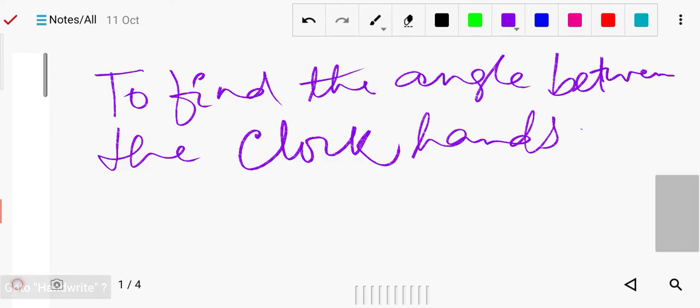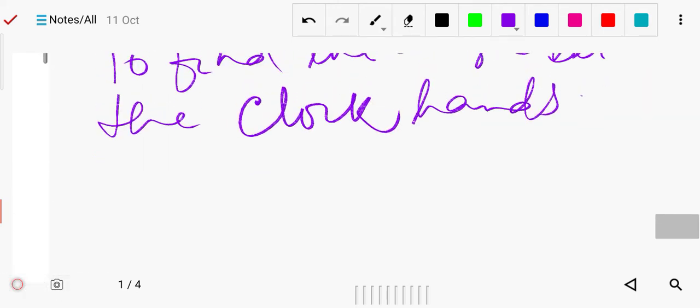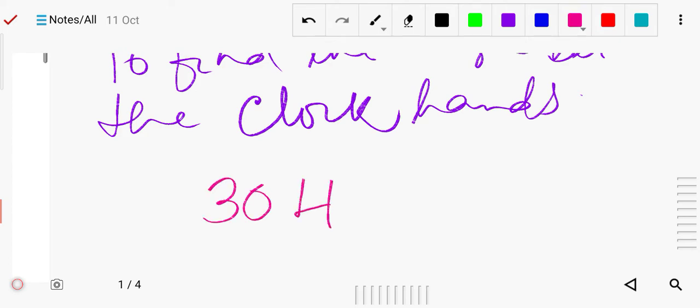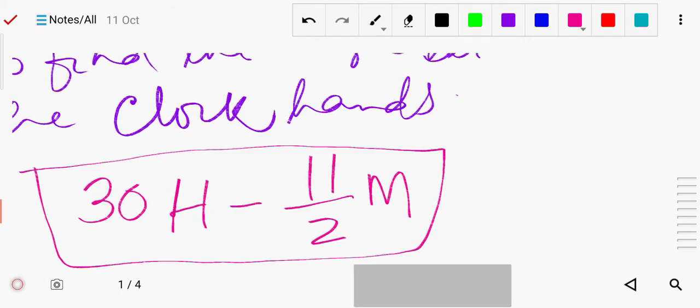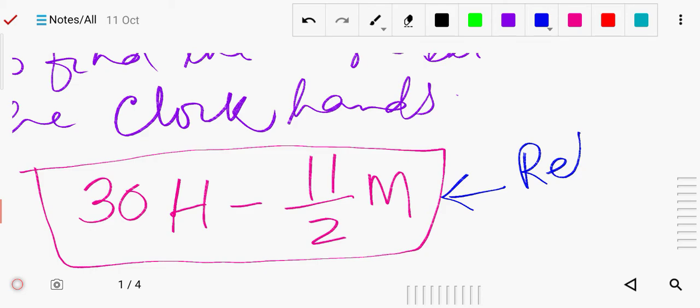If the time is given and you have to find the angle, the formula is 30h minus 11 by 2 m. Always remember this formula will give you the reflex angle.